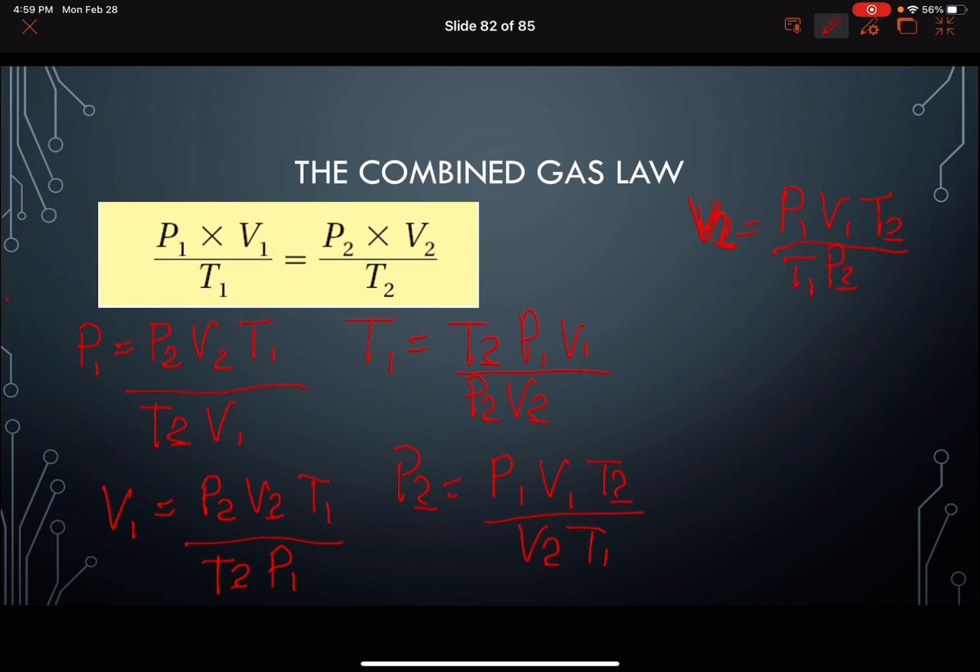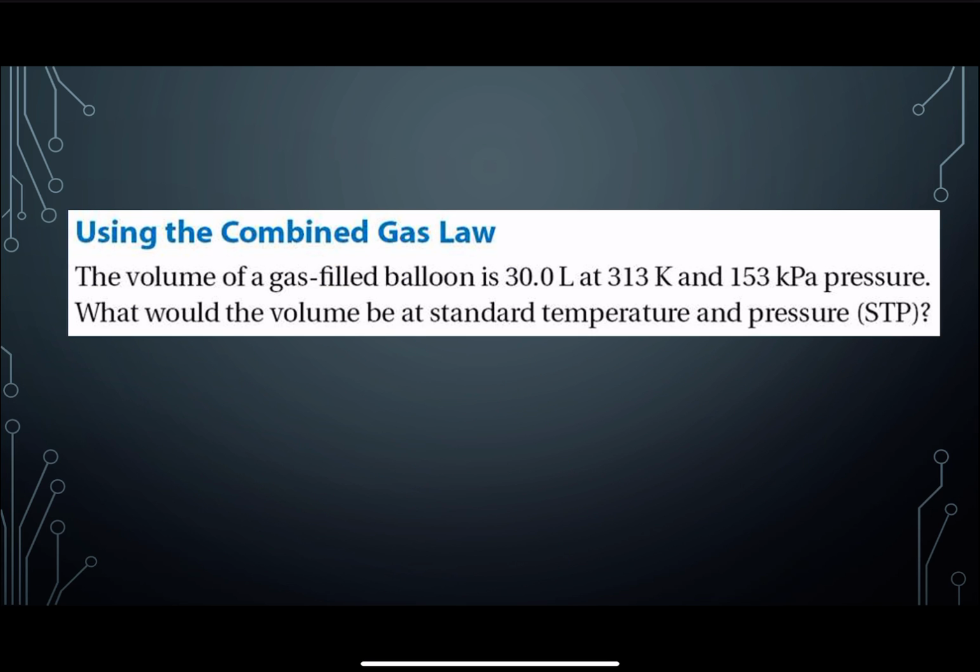Then we have temperature 2, and that's the last one. Temperature 2 equals temperature 1 times pressure 2 times volume 2 all over pressure 1 times volume 1. Okay, so we have 1, 2, 3, 4, 5, 6 different variables we can solve for. So let's put that into 2 example problems.